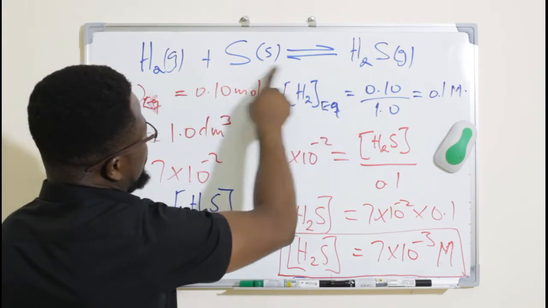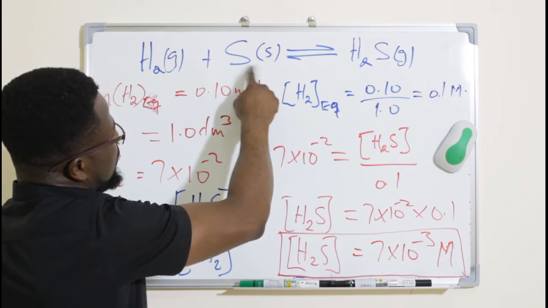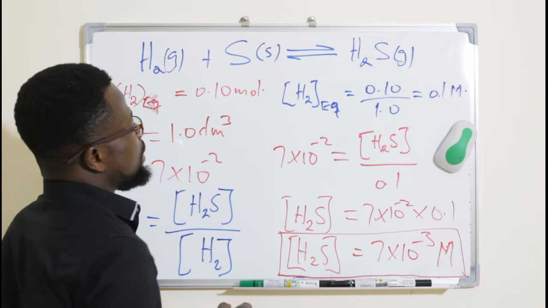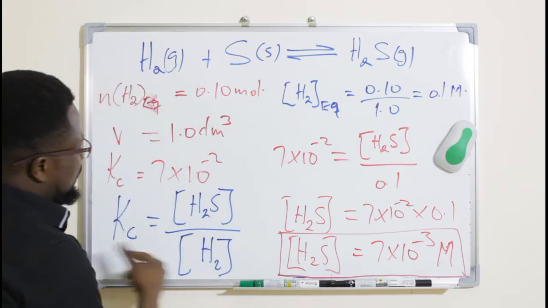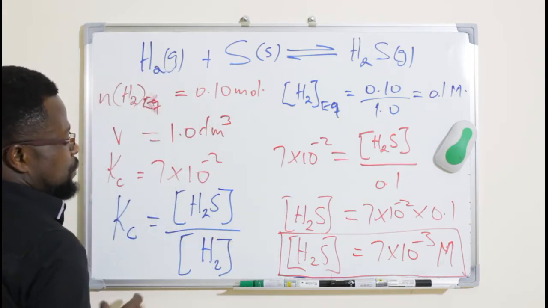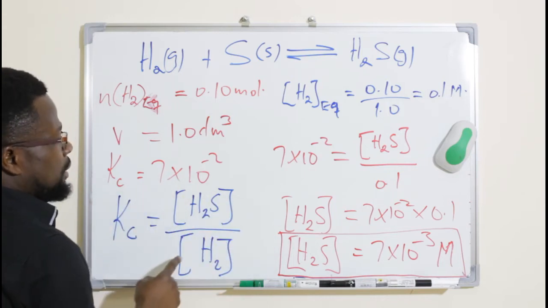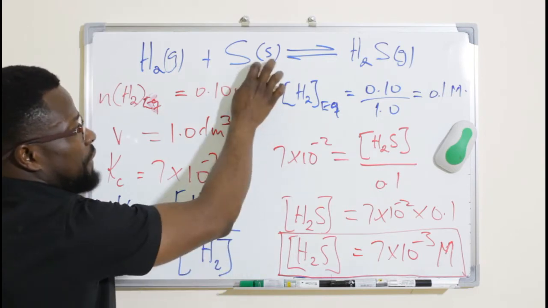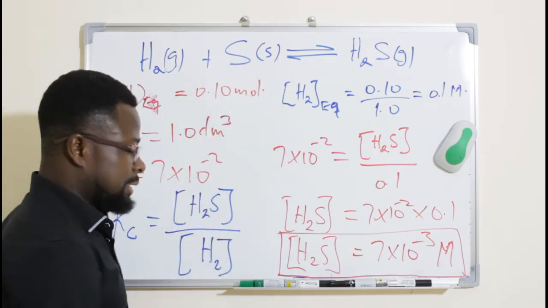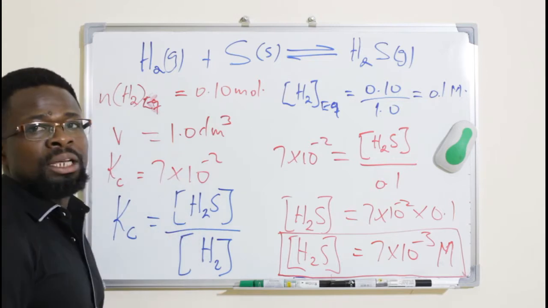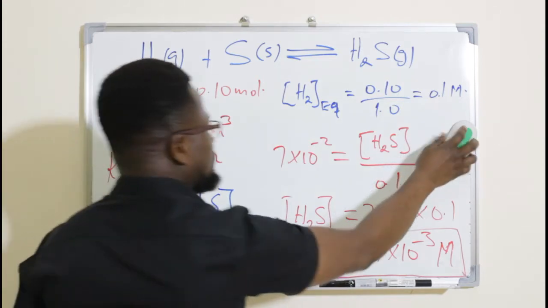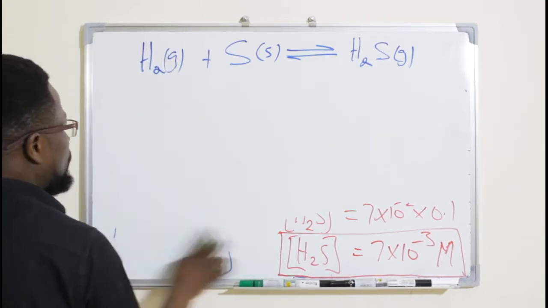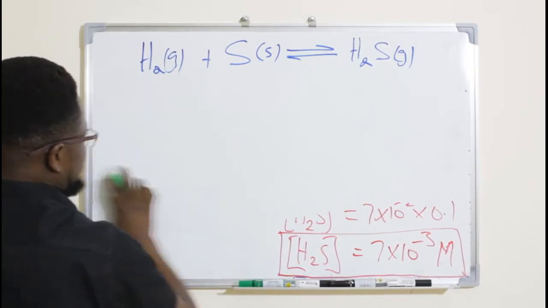Let's look at this. Sulfur is a solid. So if sulfur is a solid and it is not used in the calculation of the Kc, and we use the Kc to calculate for the H2S concentration, it means that the sulfur will not have an effect on the calculation of the H2S concentration. So therefore, our answer to that particular problem should be: stays the same.